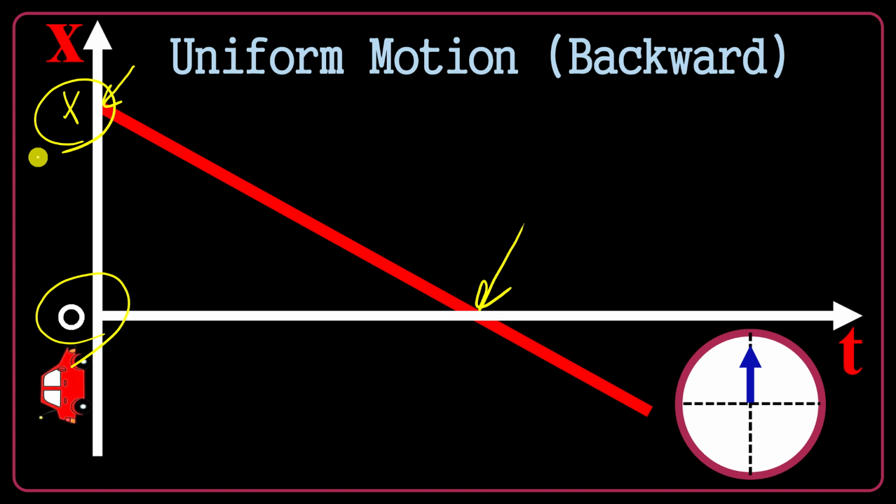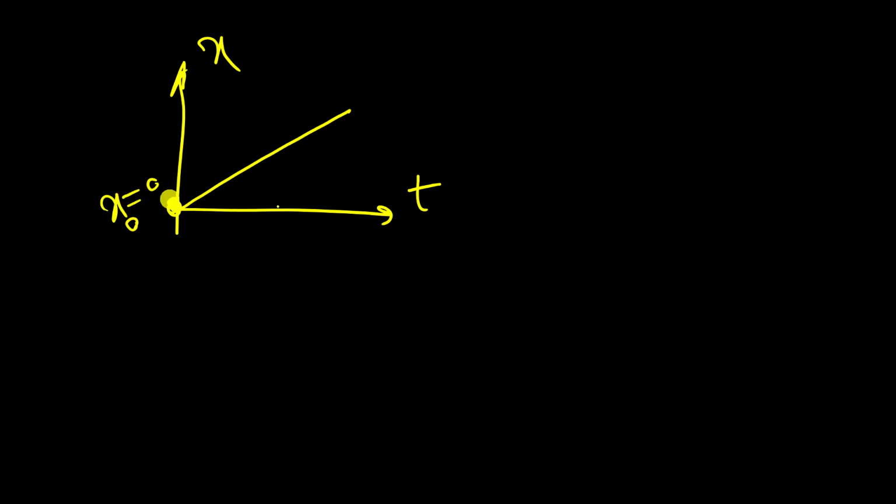In general, I can say, let me show you something here. The x graph starting from here will have an initial position of x naught, which is 0.